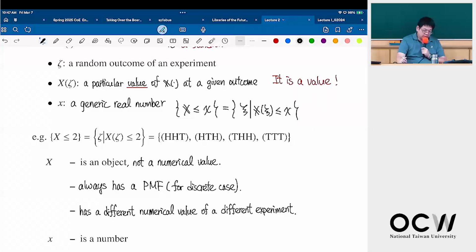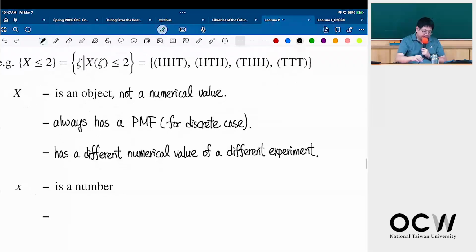However, the lowercase x is a number, and it is a deterministic number.